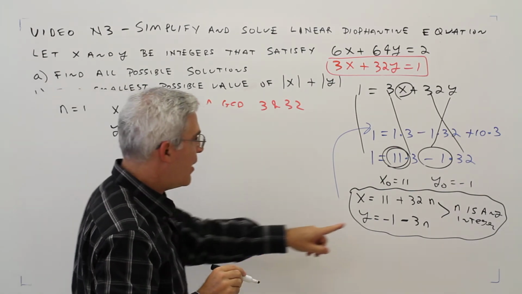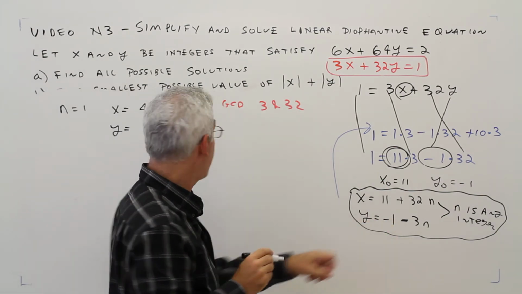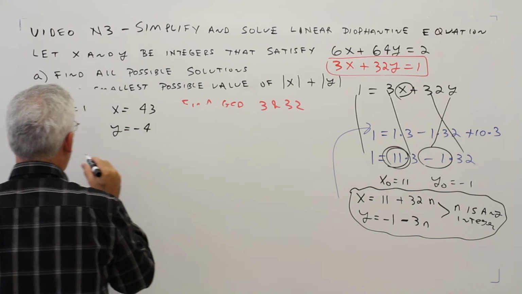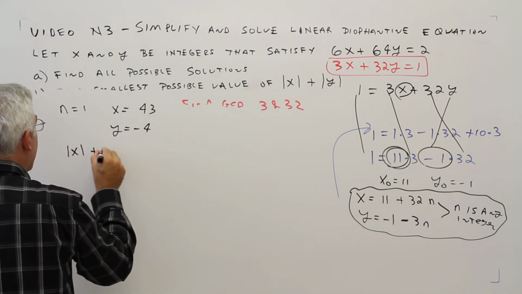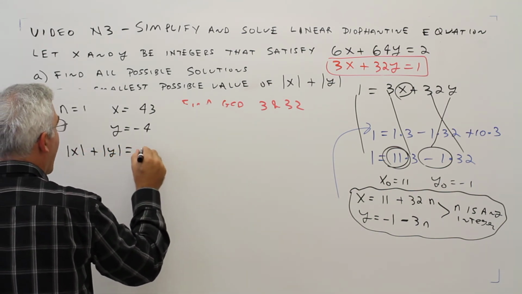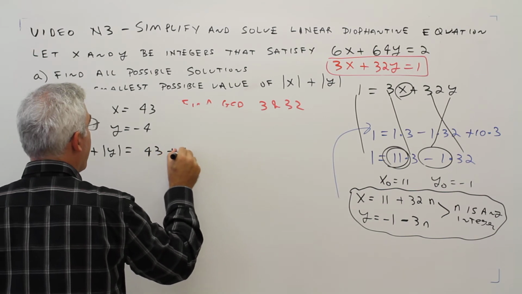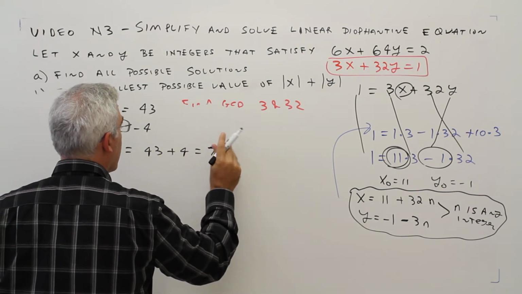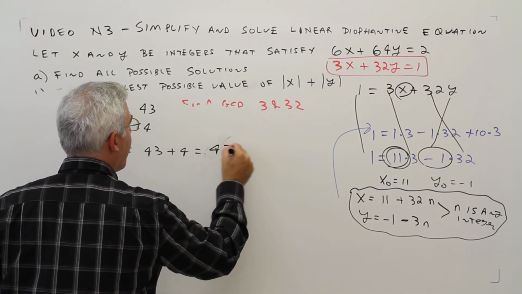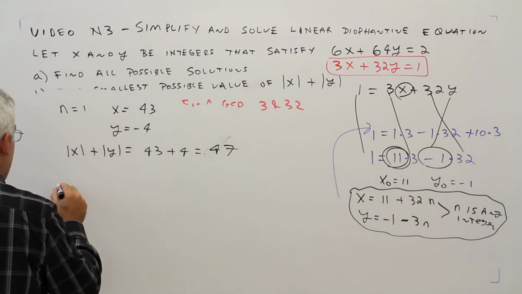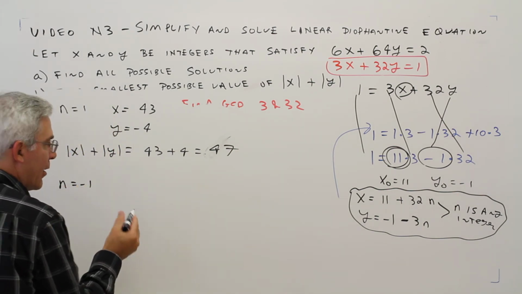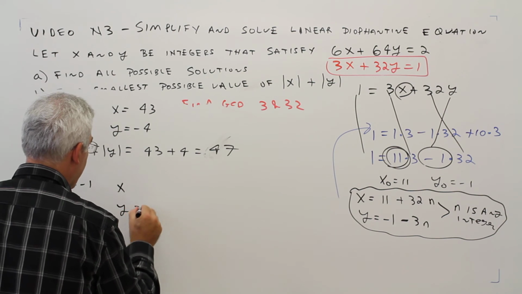Y is going to be -1 minus 3, that's going to be -4. And then the absolute value of x plus the absolute value of y would be 43 plus 4, would be 47.